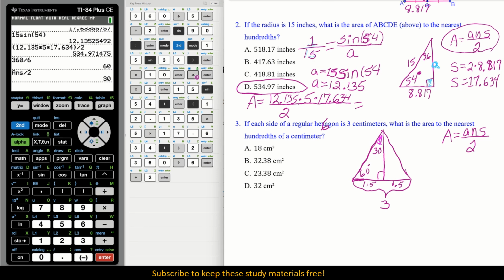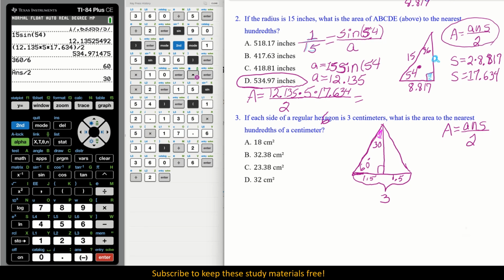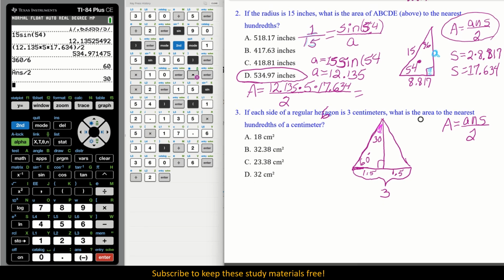Okay, so this is what we need. We can't use our 90 degrees, but we need the apothem. We need A right here.